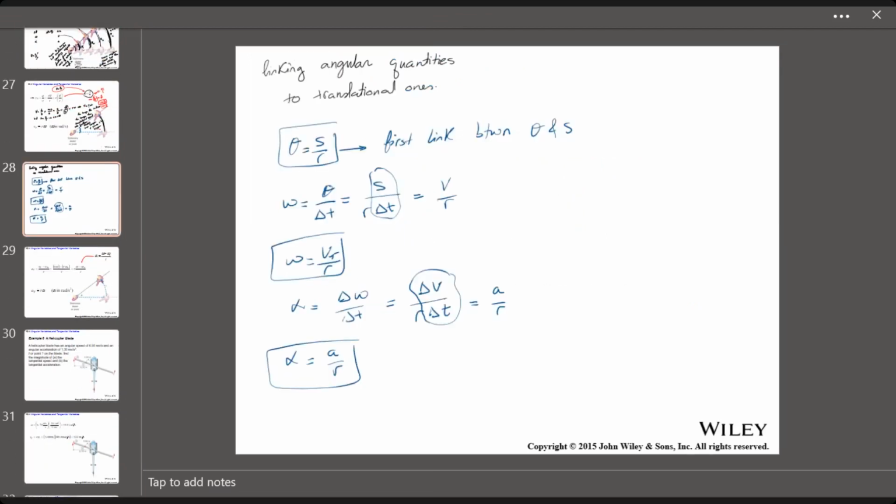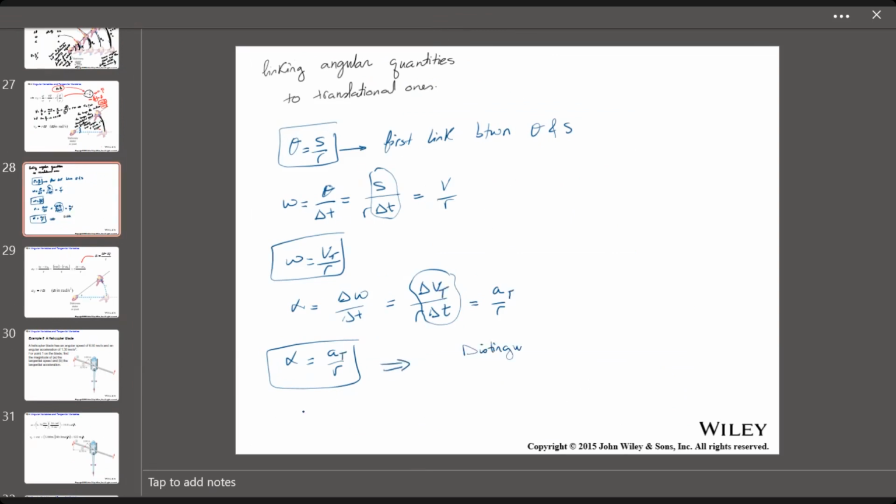So we're just trying to link angular quantities to translational quantities. And I want you to be careful. Like we said, V here is the tangential velocity, which is tangent to the path. The tangential velocity accelerates.